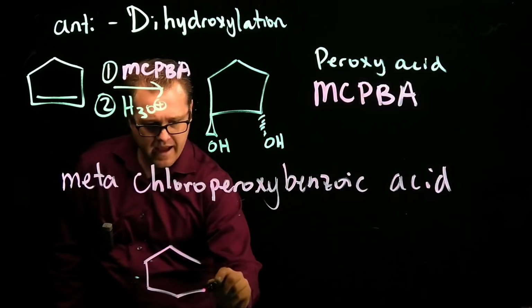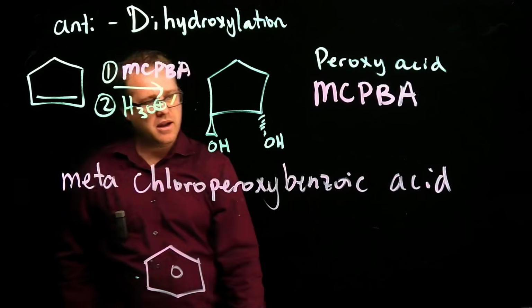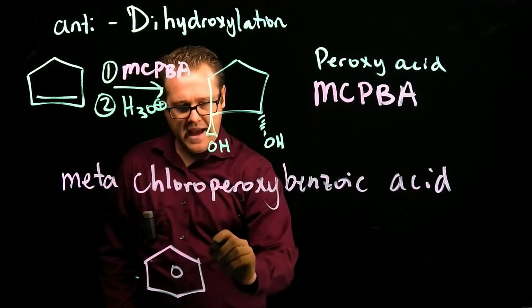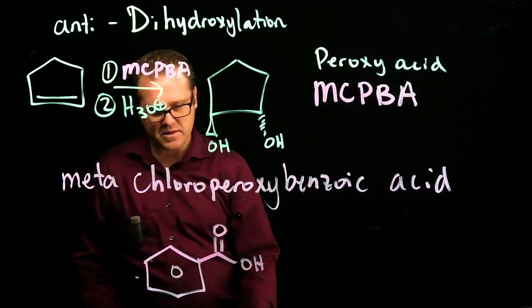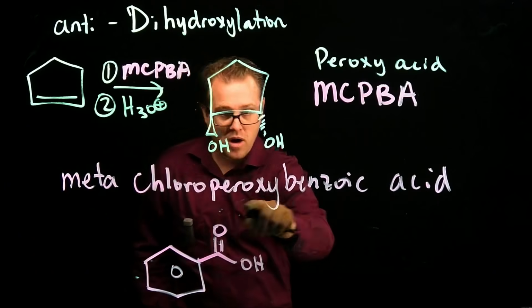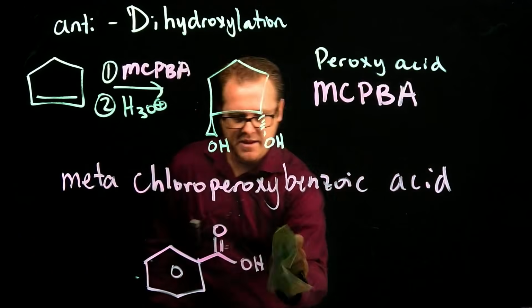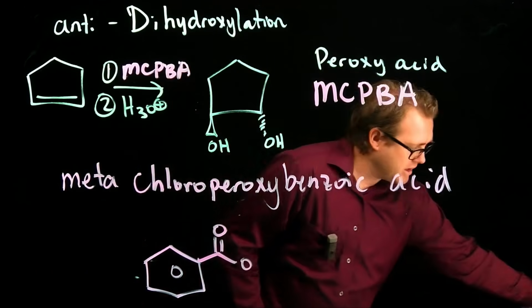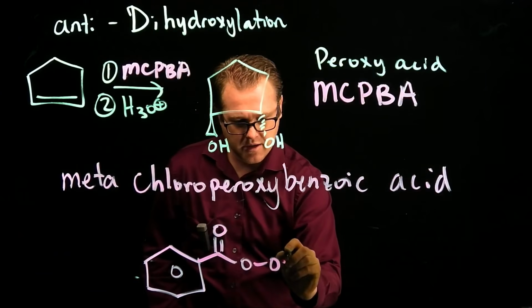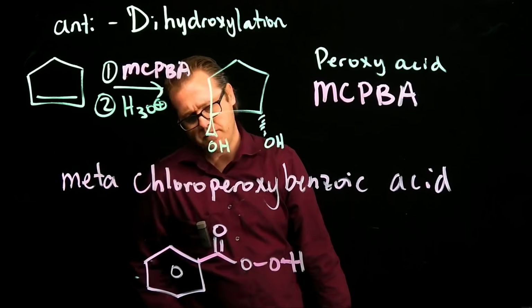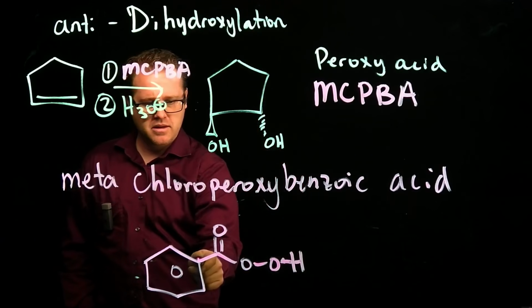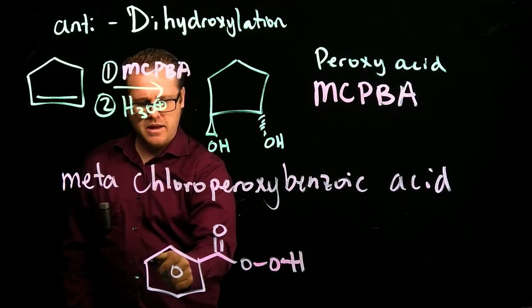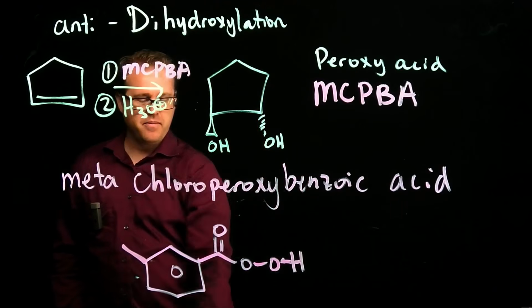Well, we know we have a benzene ring. Benzoic acid looks like this. That's benzoic acid, but it says it's a peroxybenzoic acid. So we would just stick in our other oxygen there, like so. And then there's this meta business. So that's meta right there, right?